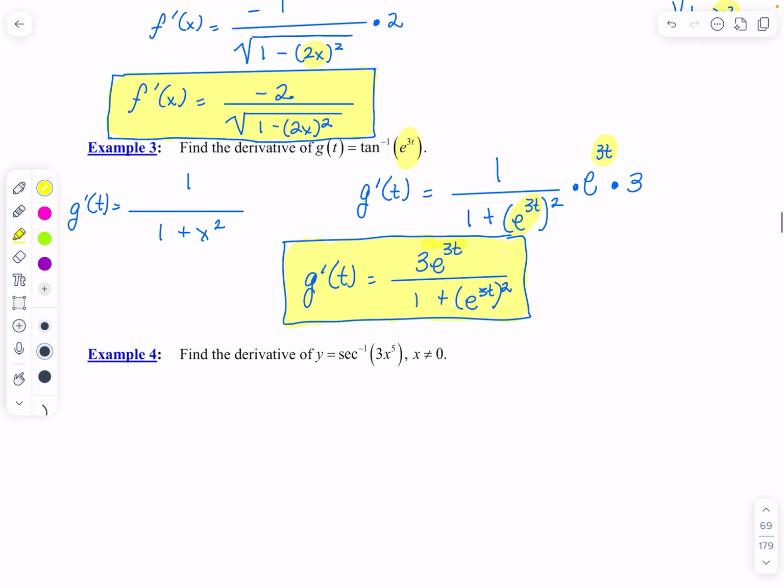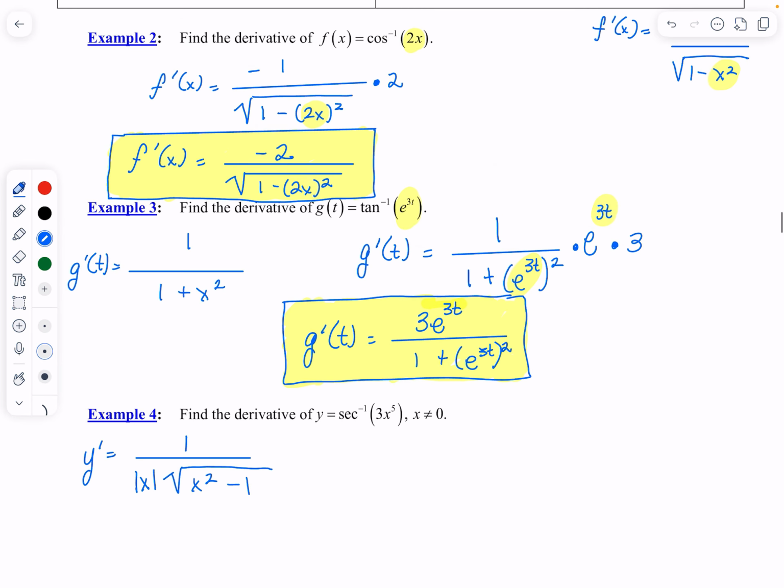Okay, example number 4. Find the derivative of y equals inverse secant of 3x to the 5th. So first of all, what is the regular derivative of just inverse secant x? The regular derivative is going to be 1 over the absolute value of x times the square root of x squared minus 1.